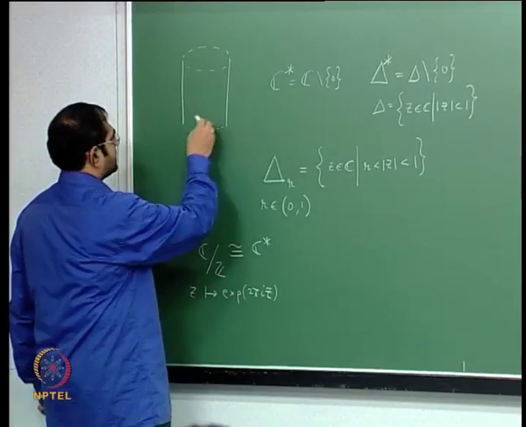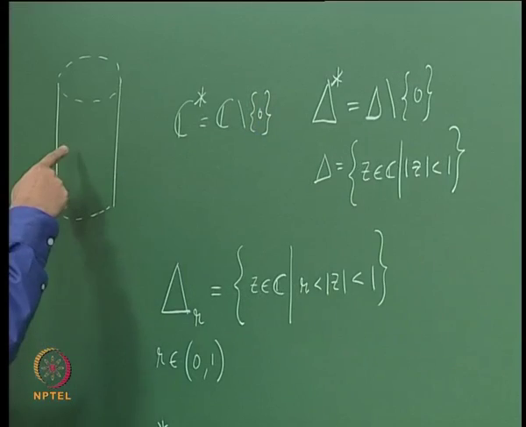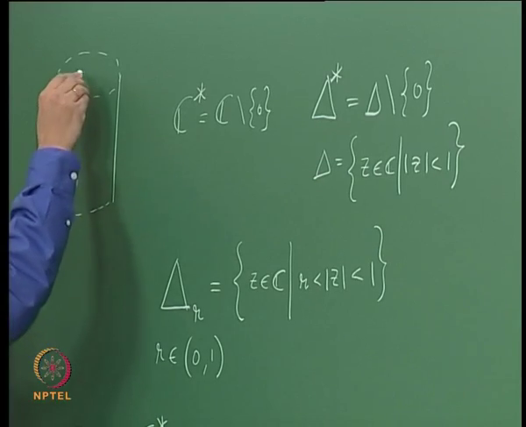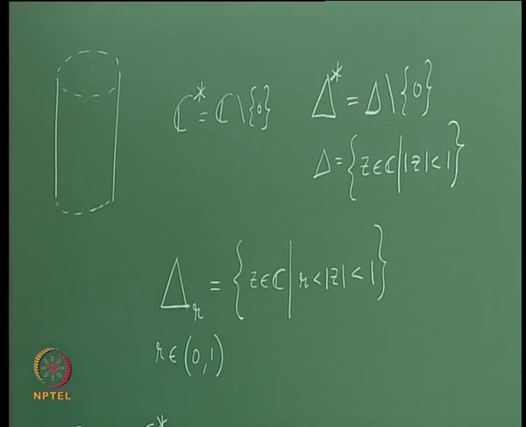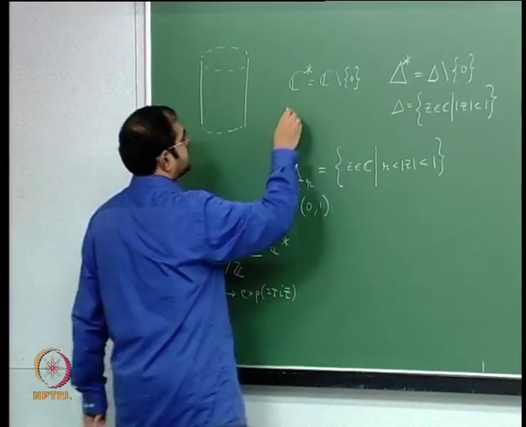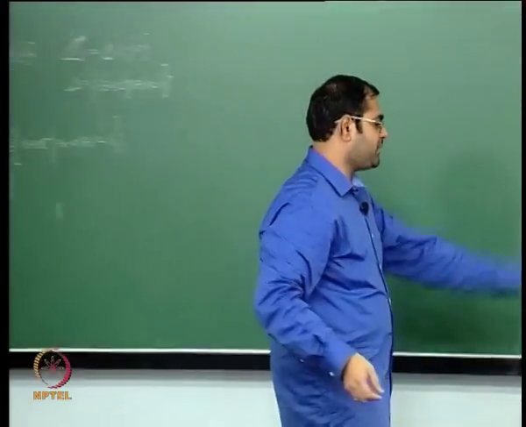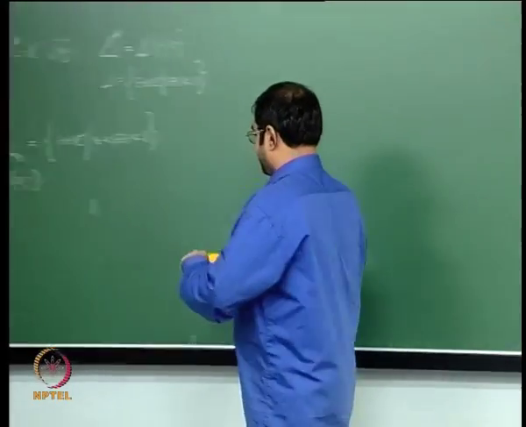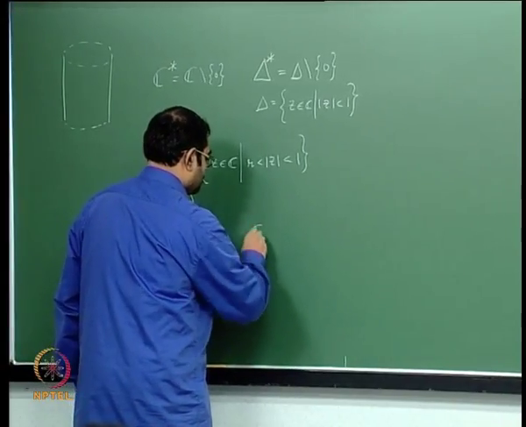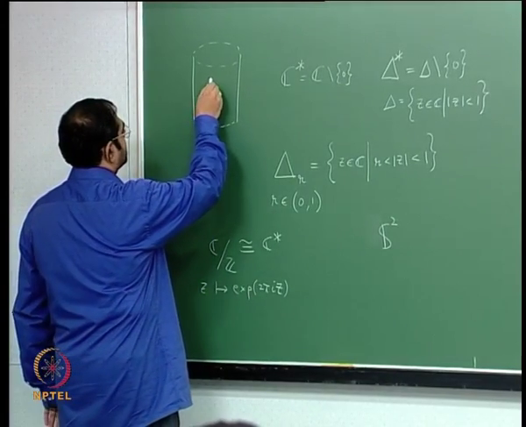In fact, one other way of looking at a homeomorphism between C star and the cylinder is as follows, as one of my students pointed out. Let S2 be the real sphere, and you think of the real sphere as sitting here.